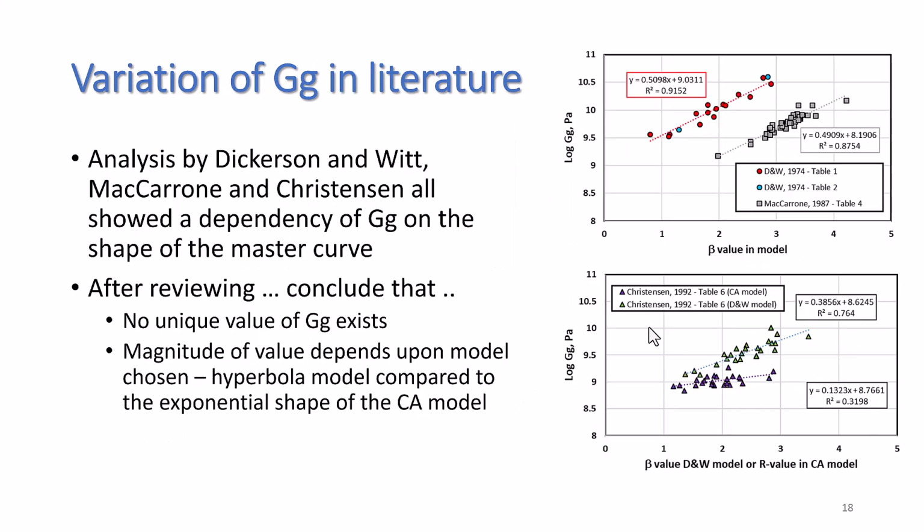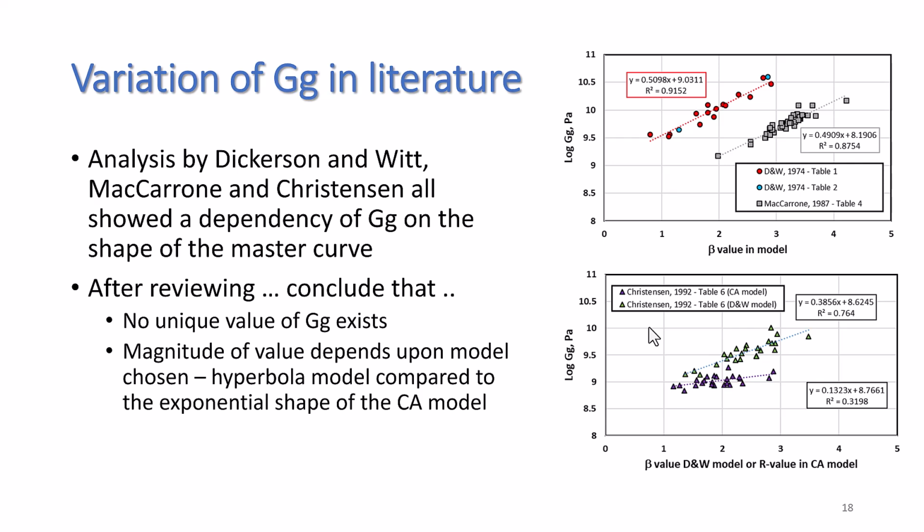Now, going back to literature, you can see various folks have done analysis. In the top graph there, you've got some Dickerson and Witt analysis, and some analysis by Mac Carone, and they relate to publications in 87 and 74.